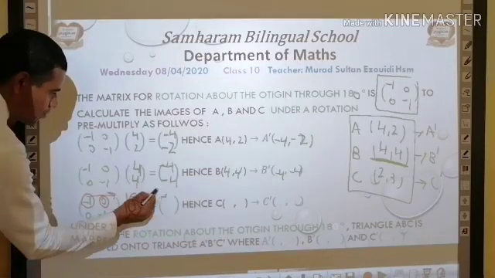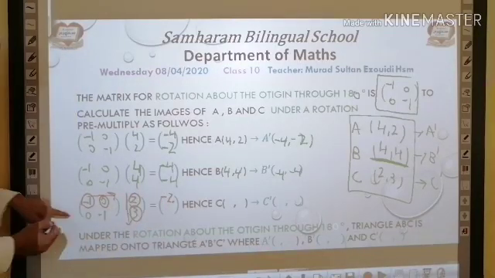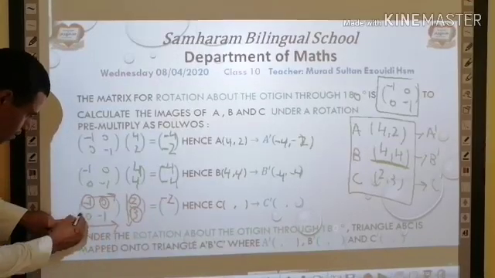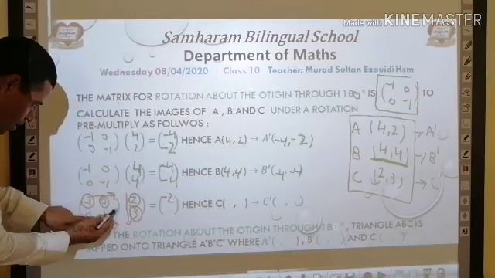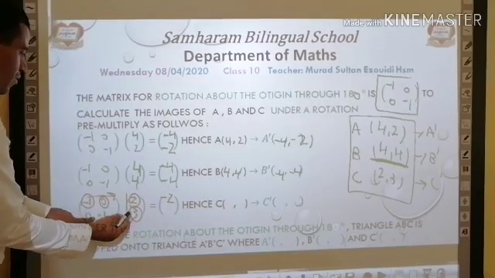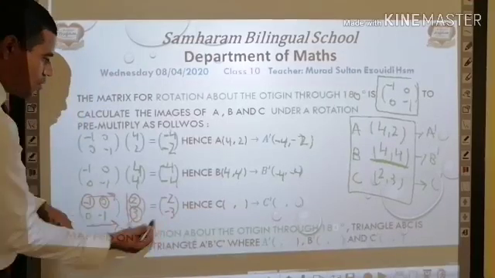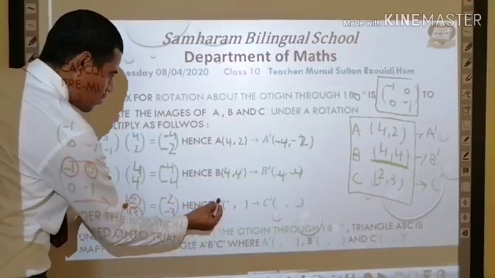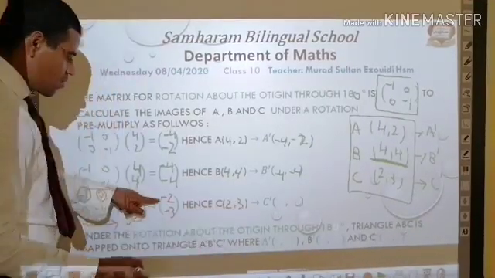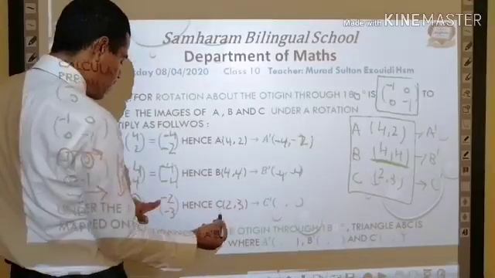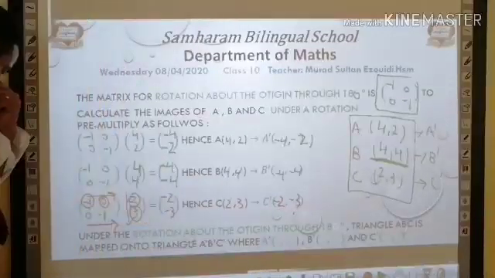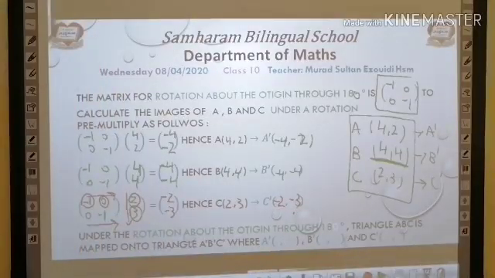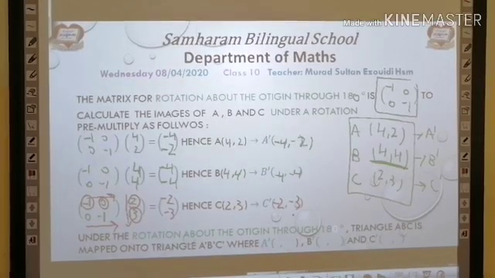Then 0 multiplied by 2 is 0, negative 1 multiplied by 3 is negative 3. So C with coordinates 2, 3 maps to C prime with coordinates negative 2, negative 3.